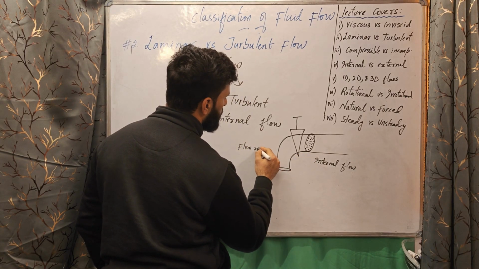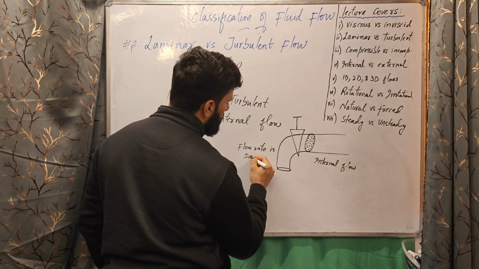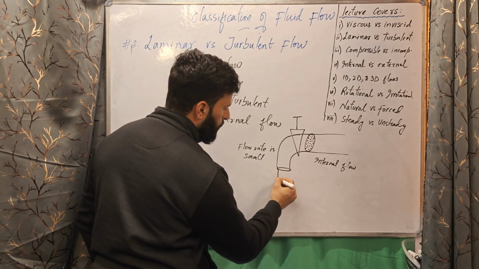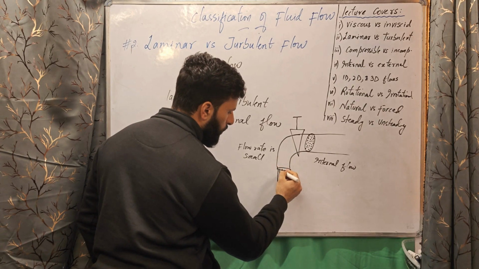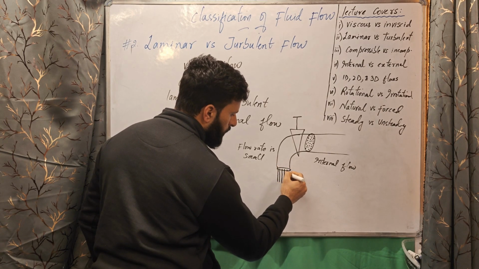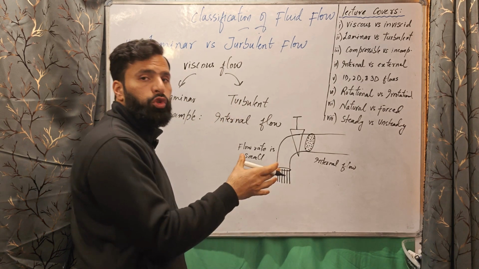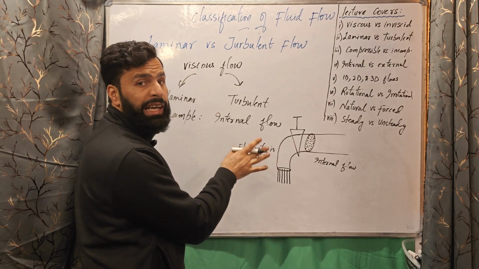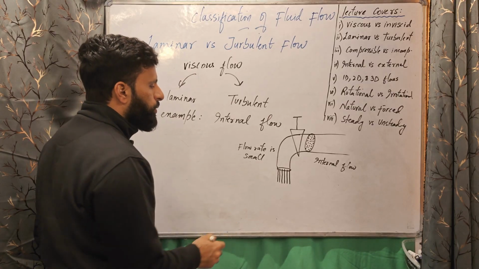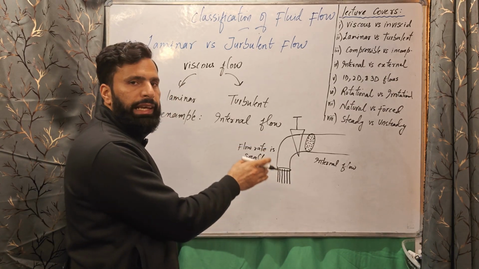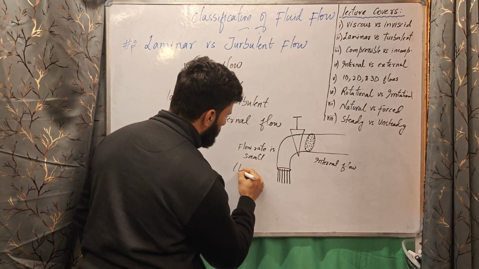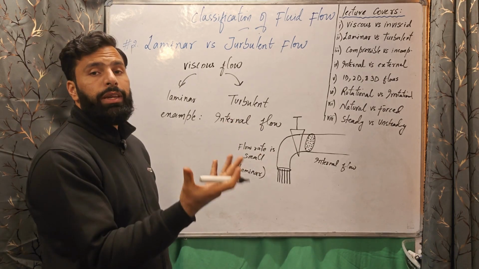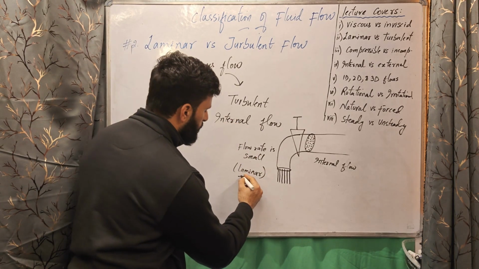So when the flow rate is low, we will see, and we have experienced this, that this water flows in layers, it flows smoothly. It flows very smoothly, as it seems that this flow is made of small liquid layers. So this type of flow in which the fluid particles move in layers, we call it laminar flow. Layers means laminar, it flows in laminas, that's why it gets the name laminar flow.